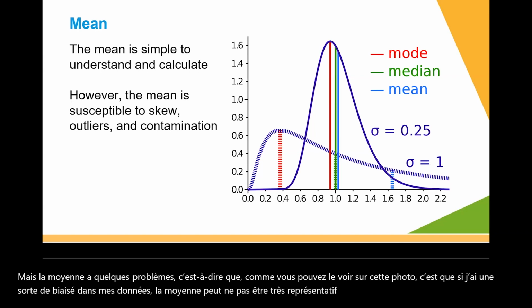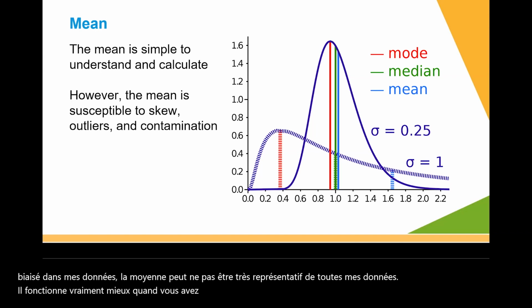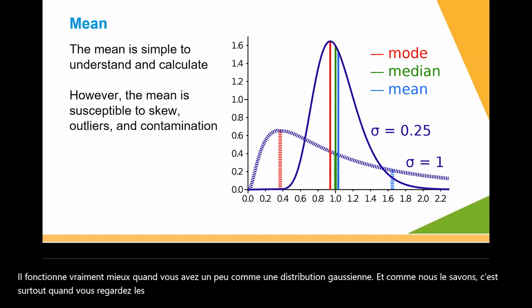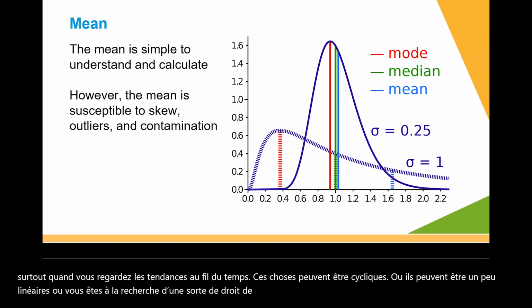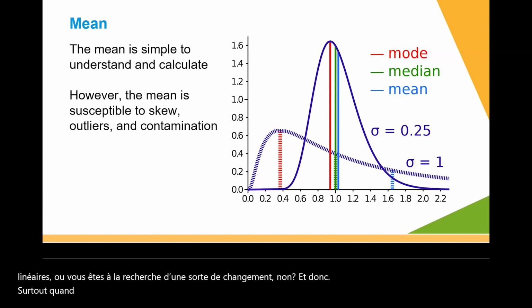It really works best when you have a Gaussian distribution. And as we know, especially when you're looking at trends over time, these things can be cyclic or linear, or you're looking for a change. So especially when you're talking about combining over time where there could be significant change, this could be a problem.